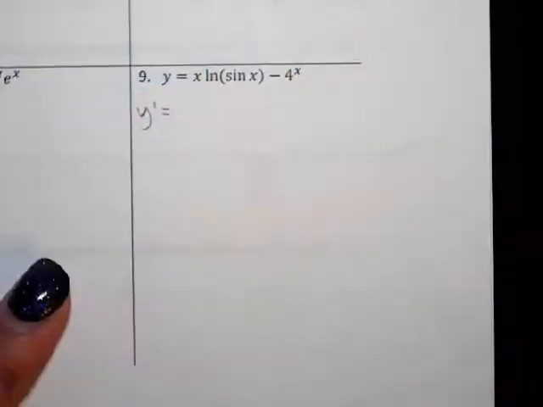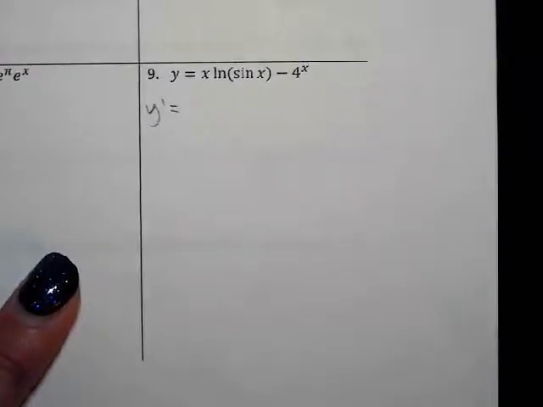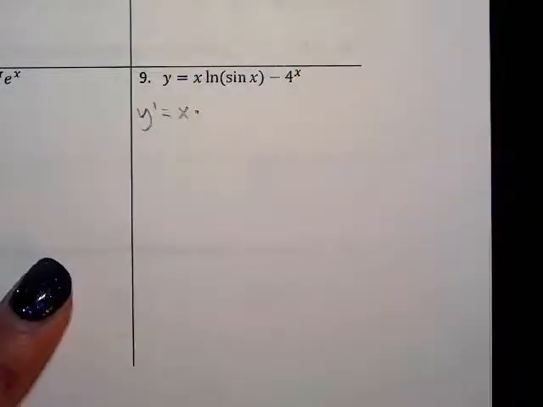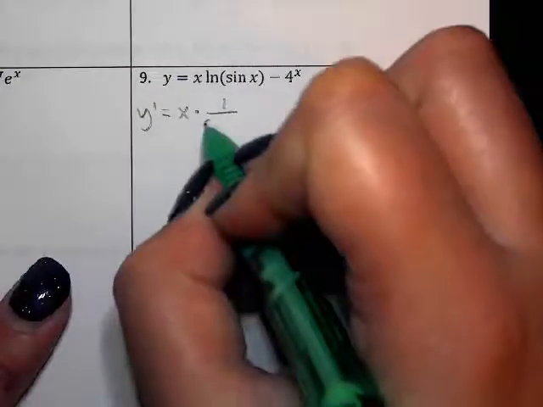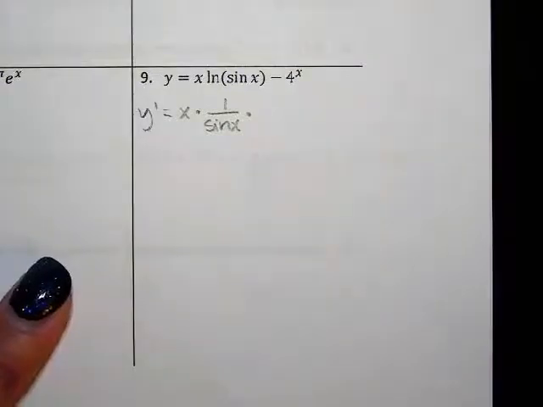How do we start the product rule? First, there we go, focus. First times derivative of the second, so we're going to do 1 over, keep the inside the same, times the derivative of the inside, which is cos.